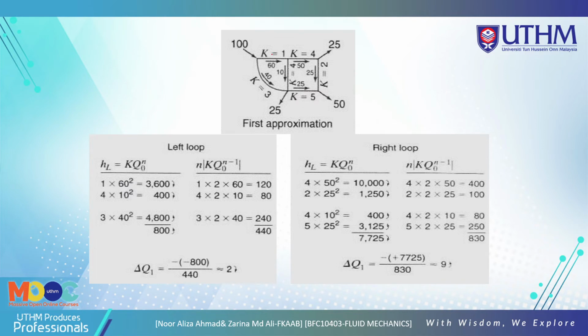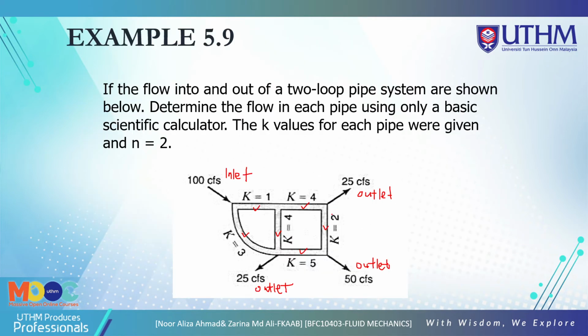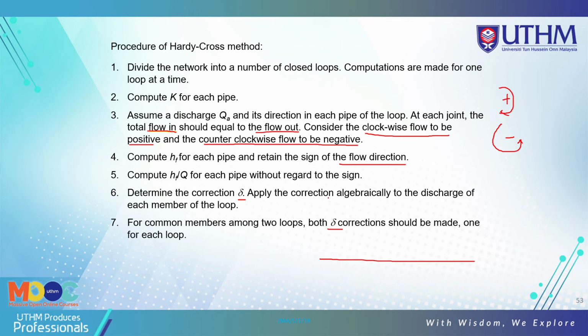Okay, now after you assume first here, this is what you assume based on the first approximation, that you assumed from the previous slide. So now you just calculate, based on HL is equal to KQ^N.